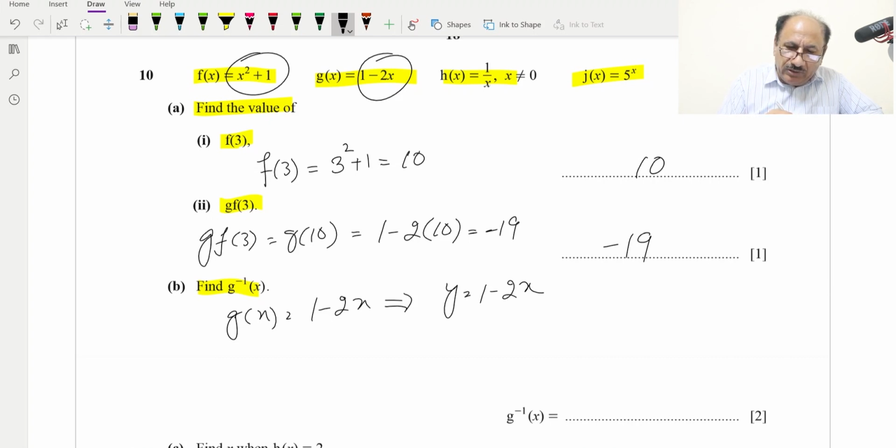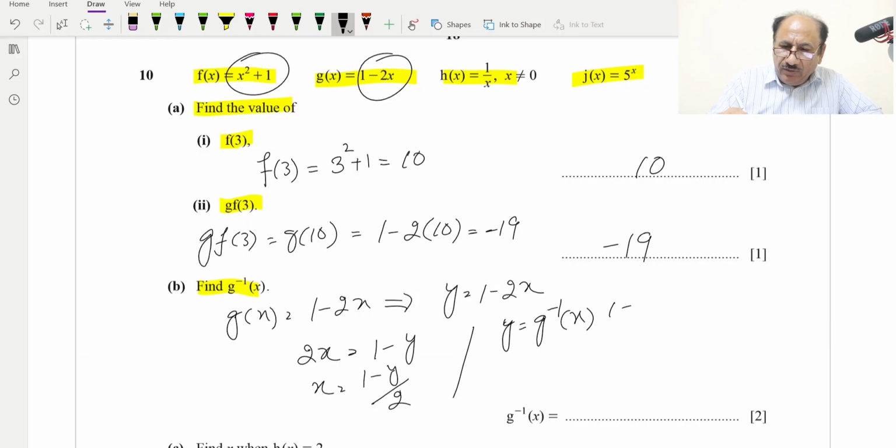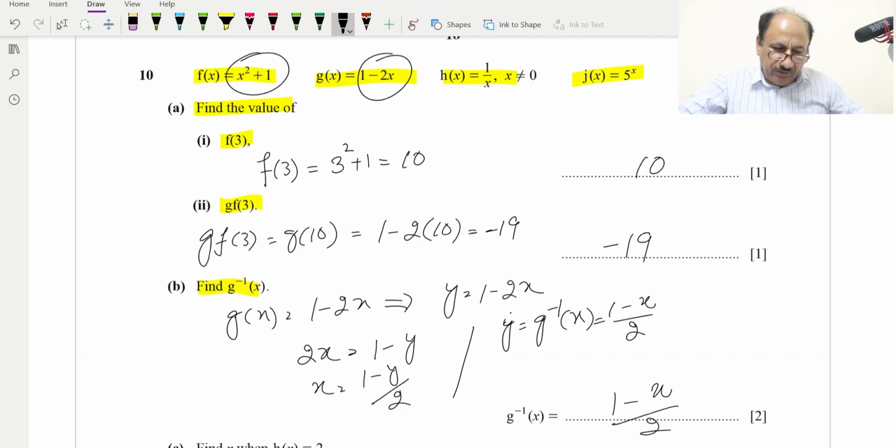So we can write 2x is equal to 1 minus y. So x is equal to 1 minus y over 2. Now we can swap x and y. So y, which is basically g inverse of x, will be equal to 1 minus x over 2. This will be our final answer.